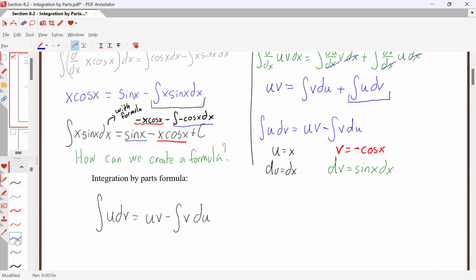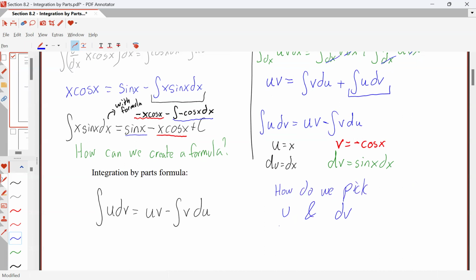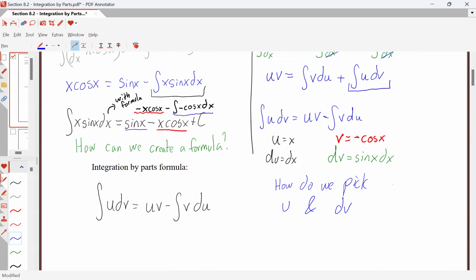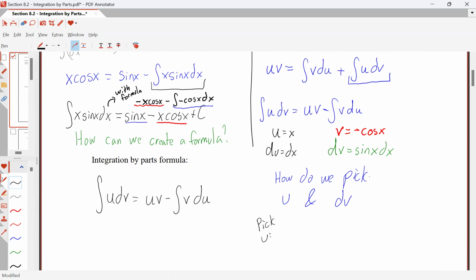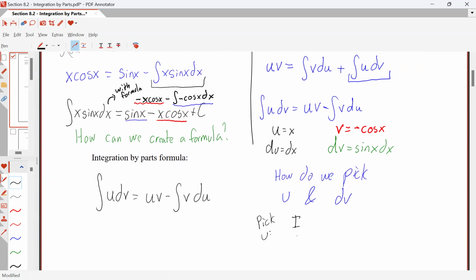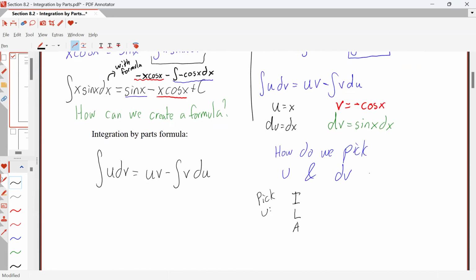There is a follow-up question of how do we pick, when we have two functions, our u and our dv? There is a general mnemonic for picking u based on ILATE.